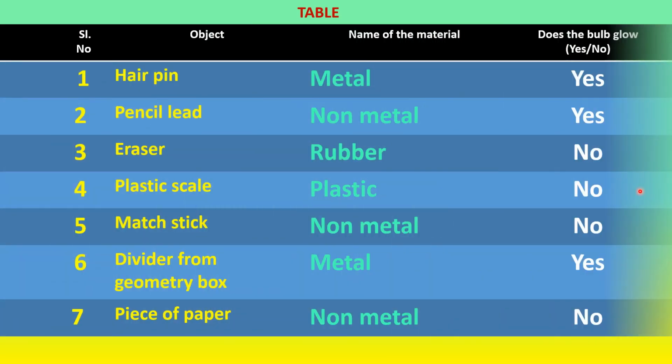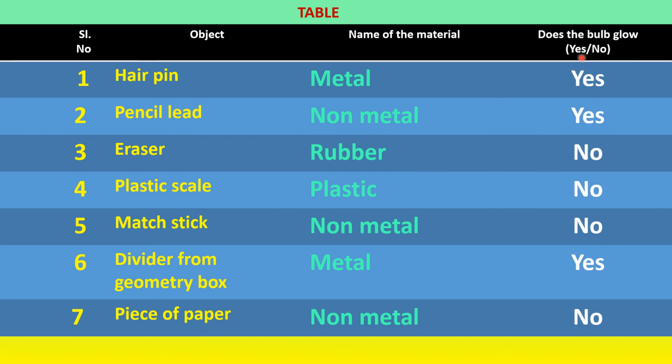See here, all the observations we have made so far, I am going to write them in a table. Here is the table. In this table, I have written in which cases the bulb has glowed and in which cases it has not.